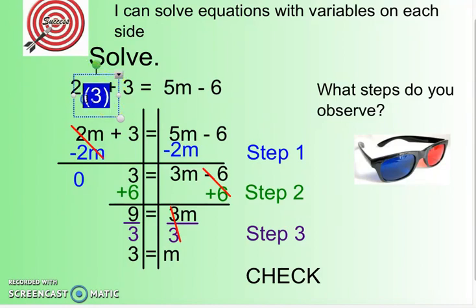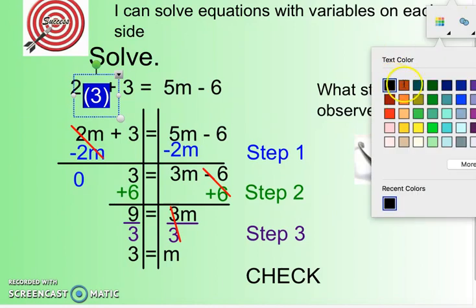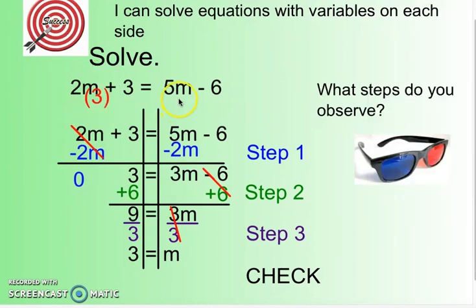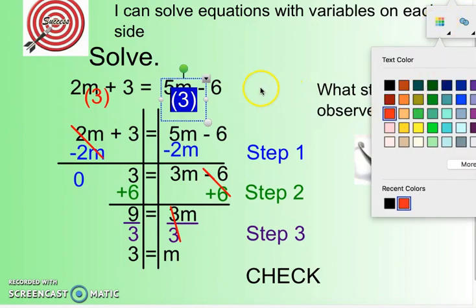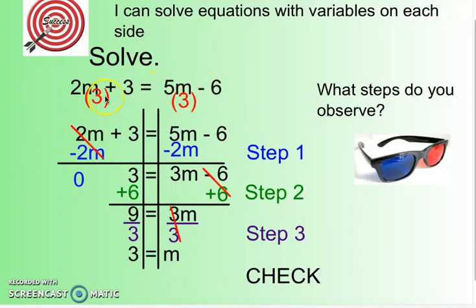If I put the 3 in here for the m, and I also put the 3 over here next to the 5 because it's being substituted in for the m, well, let's see if we get the same on both sides.